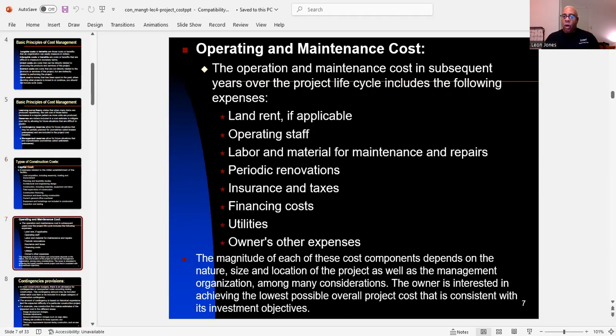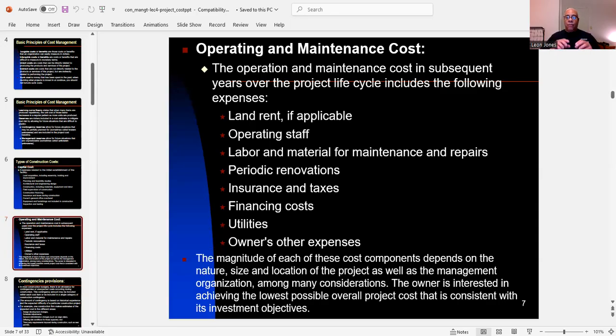Now, when we deal with O&M, which is operating and maintenance costs, that's the operation and maintenance cost in subsequent years over the life cycle. That includes the following expenses: land rent, if applicable, operating staff, labor and material for maintenance and repairs, periodic renovations, insurance and taxes, financing costs, utilities, owner's other expenses.